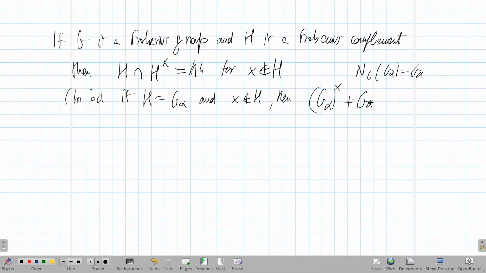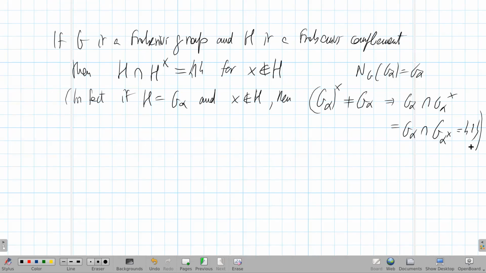And if it's different, of course, it must have a trivial intersection. Since they are different, this means that alpha is different from alpha X, and so the intersection has to be trivial.